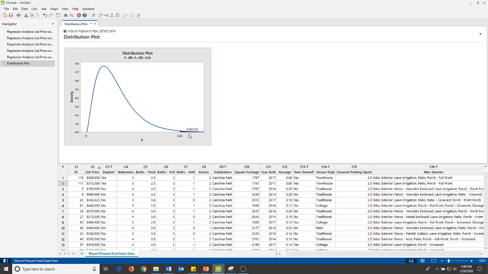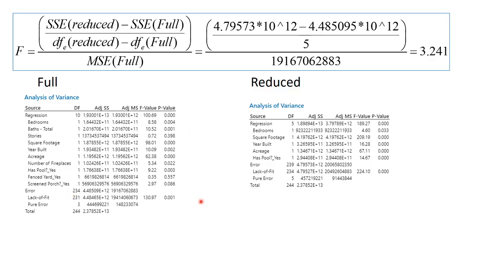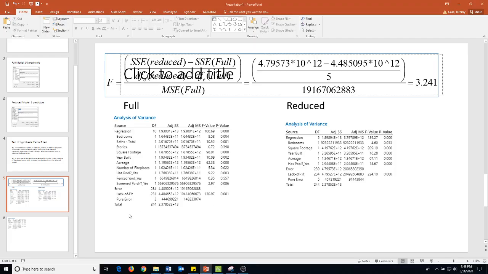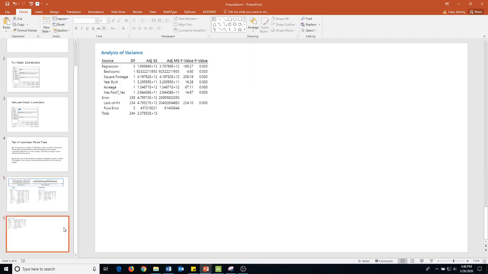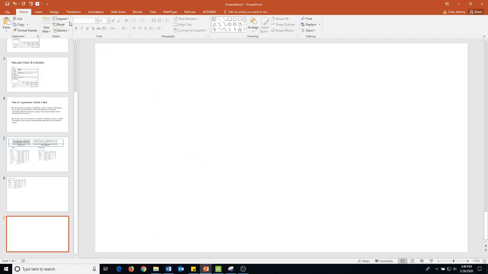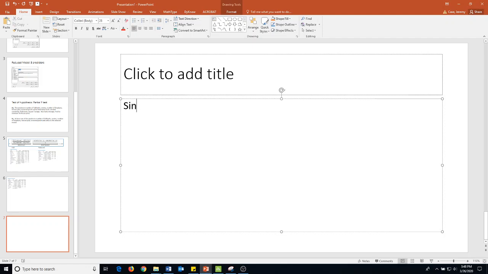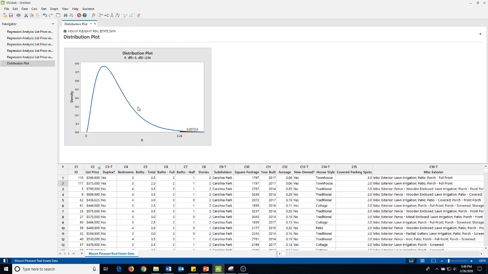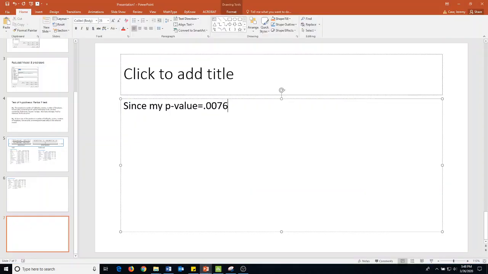So with my p-value, I guess I should enter this in a bit. Since my p-value is equal to 0.007, let me double check that to make sure that's what I got, 0.0076 or so, we reject the null hypothesis.